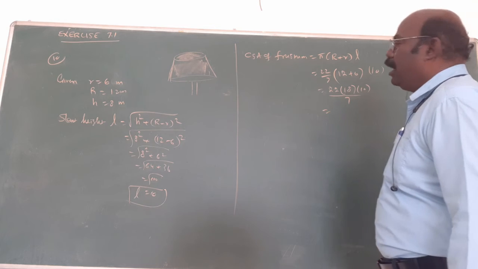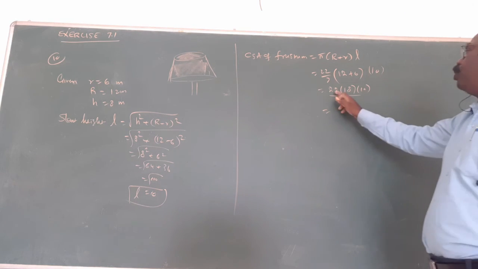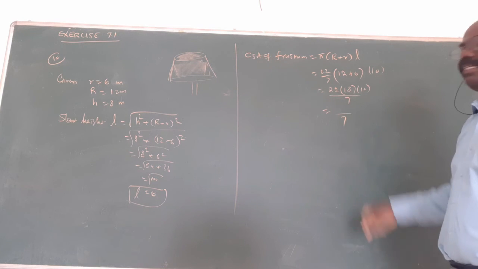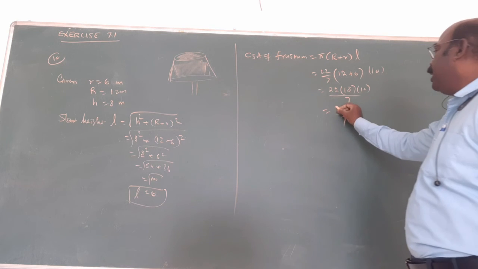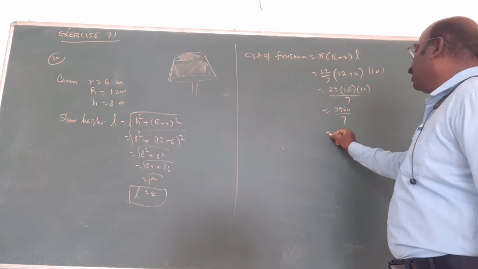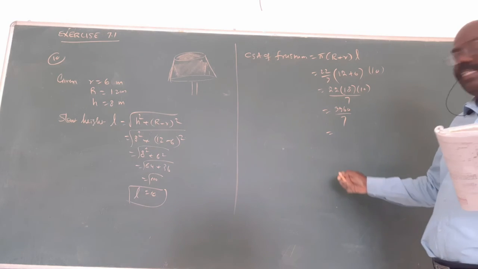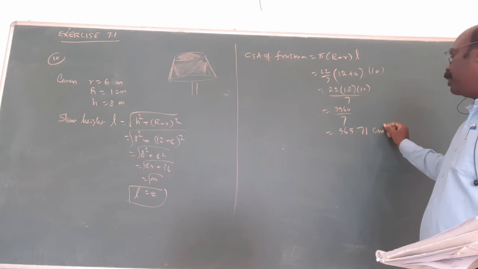Now multiply all the values together, 3960, and divide by 7. We get 565.71 centimeter square.